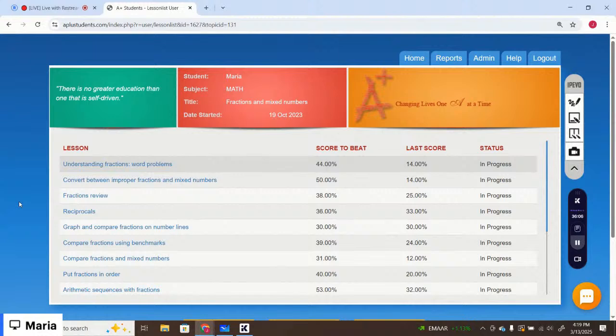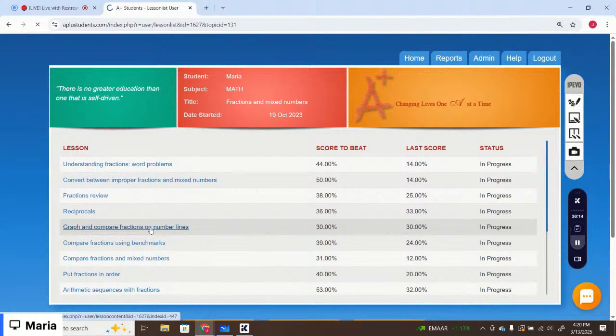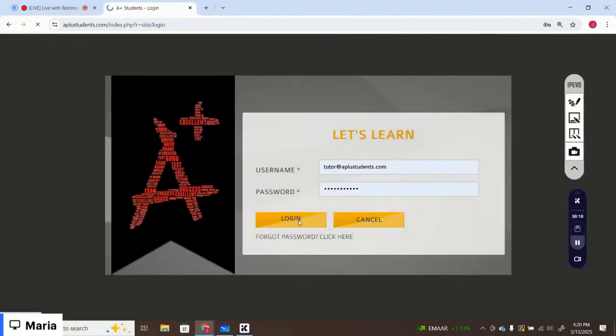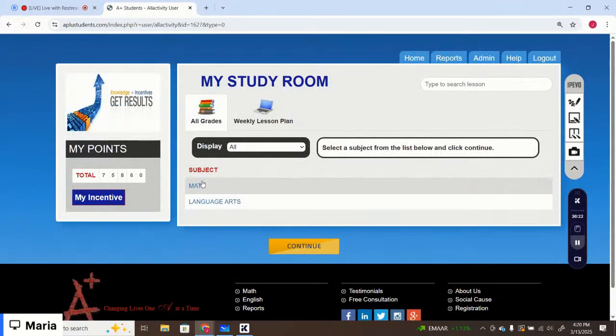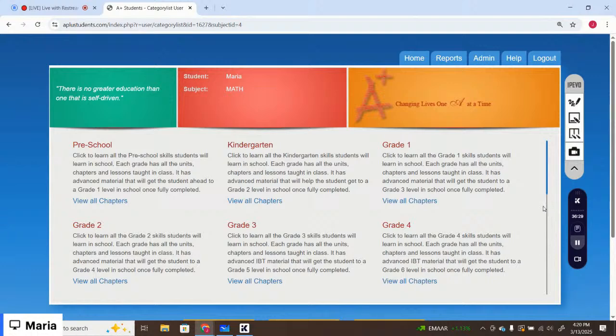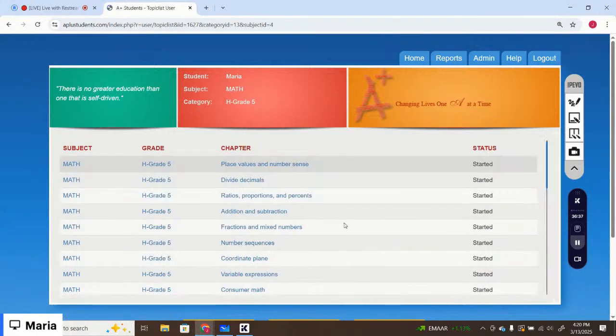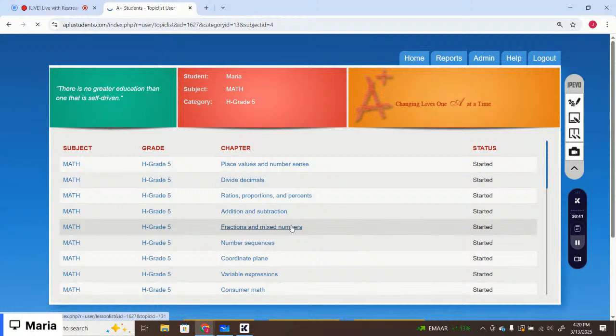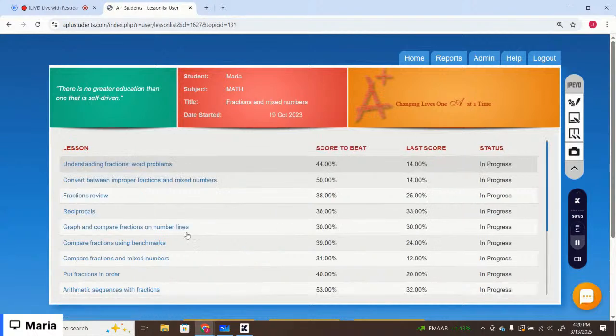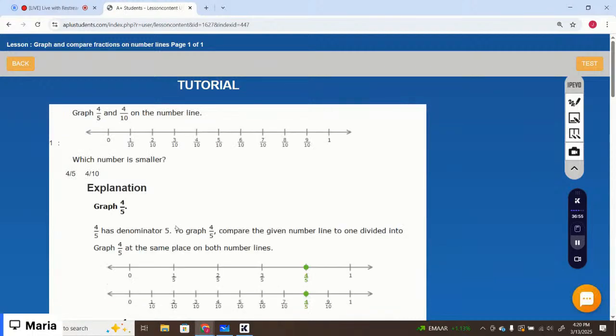Let's start with the first lesson, that is graph and compare fractions on number lines. Graph 4/5 and 4/10 on a number line.